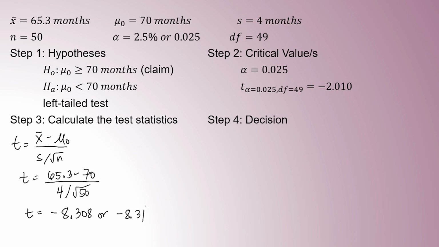Our decision rule earlier says we will reject H0 if left-tailed, right? If our computed t-value is less than the t critical. Our computed t is negative 8.31. Our t critical is negative 2.010.